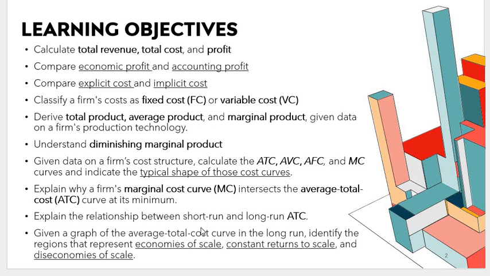At the end of the chapter, we will introduce the short-run and long-run average total cost, or ATC, curves. And we will learn about the concepts of economies of scale, constant returns to scale, and diseconomies of scale.